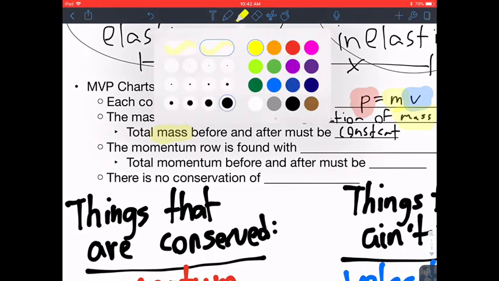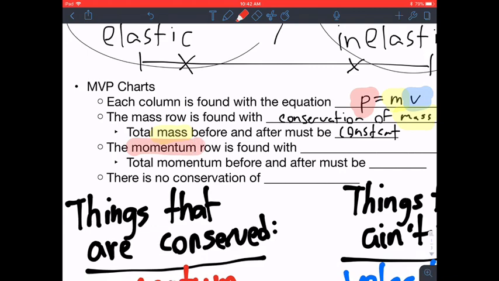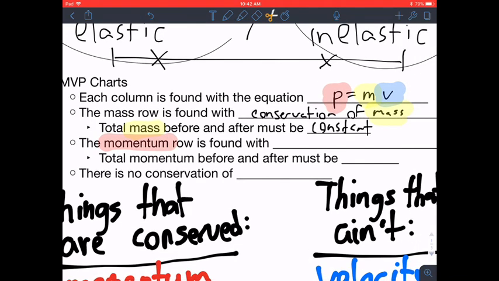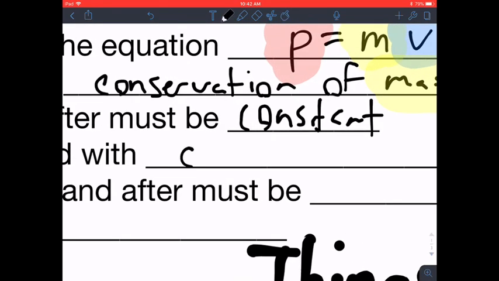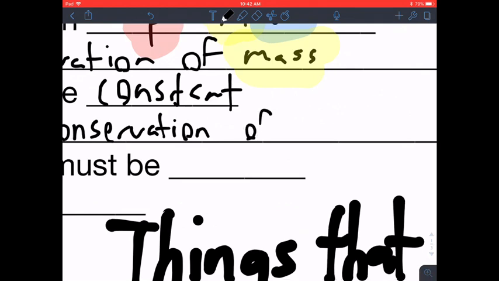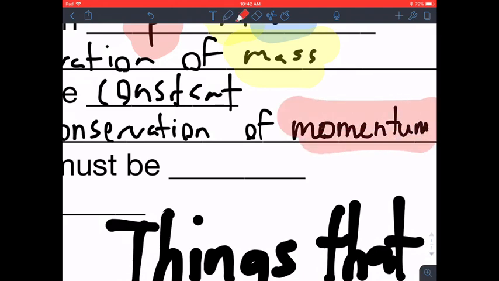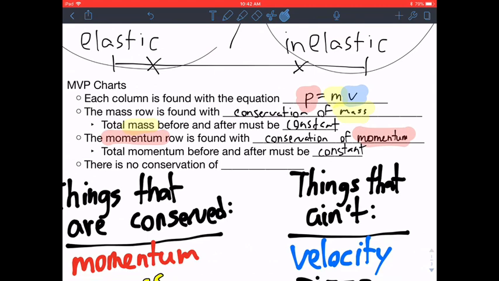Okay, the momentum row is found with conservation of momentum, which tells us that the total momentum before and after must be constant. So on the momentum row, it's going to be the same before and after.